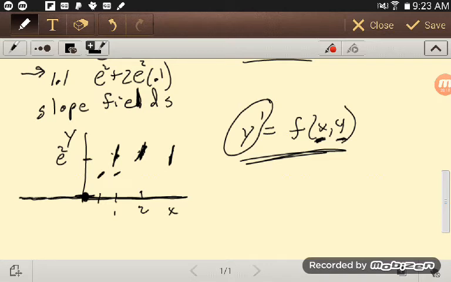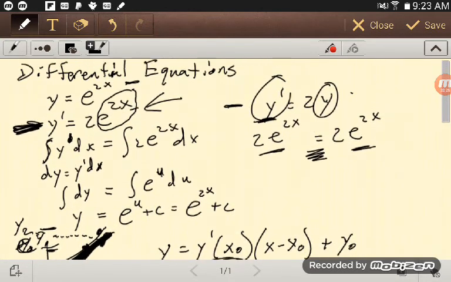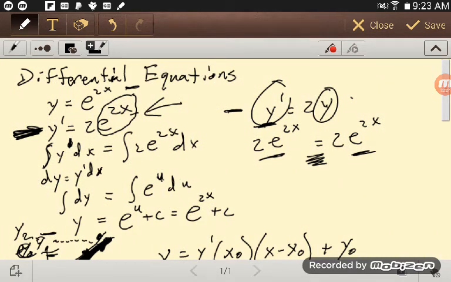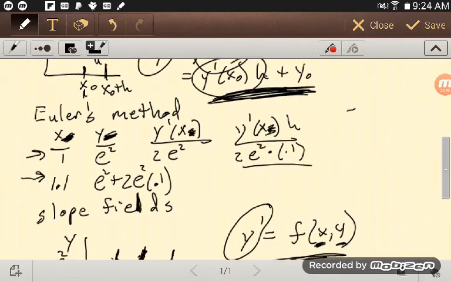Then another one had to do with rewriting a differential equation. Well, I could write that differential equation very explicitly in terms of the independent variable, or I could write it in terms of the dependent variable.